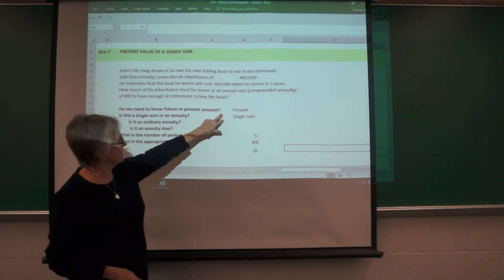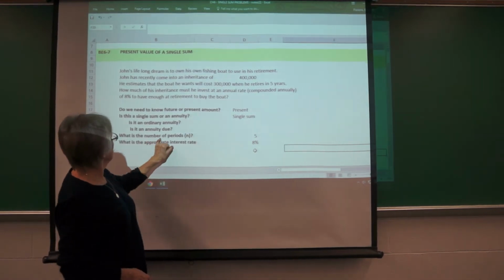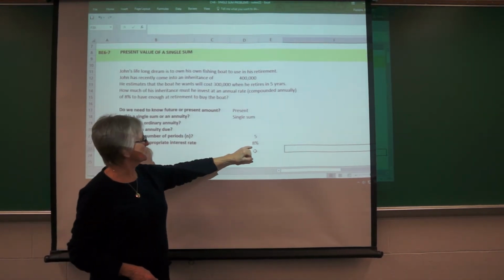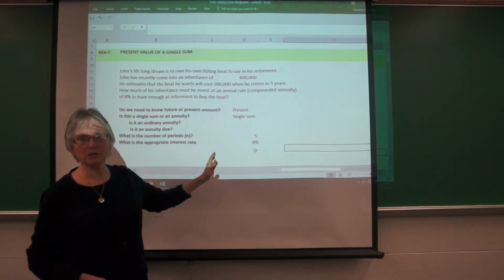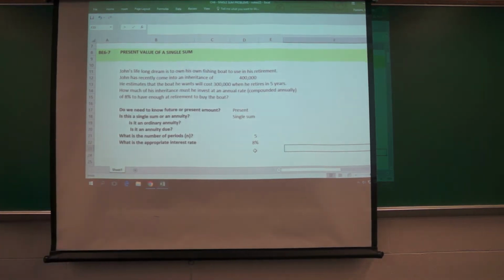You get to the present value of a single sum table, you go across to the appropriate interest rate, down to 5 periods, and that will get you your factor. So then, what do we do once we get the factor? What you're looking for is the present value factor of a single sum for 5 periods at 8%. That's usually how we show the factor there.